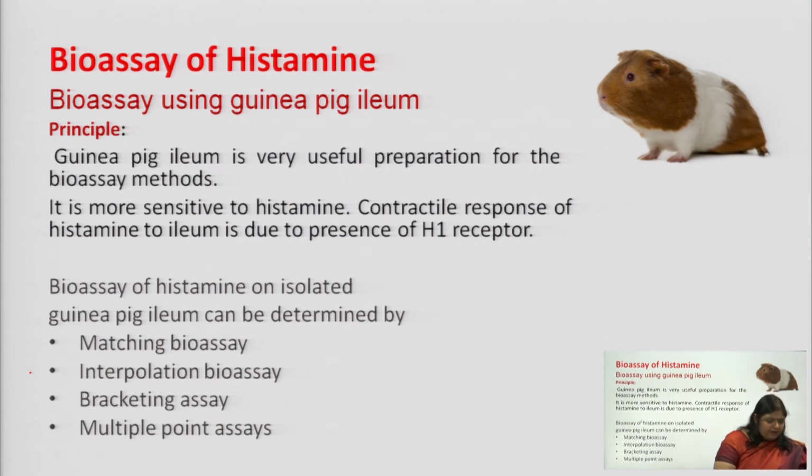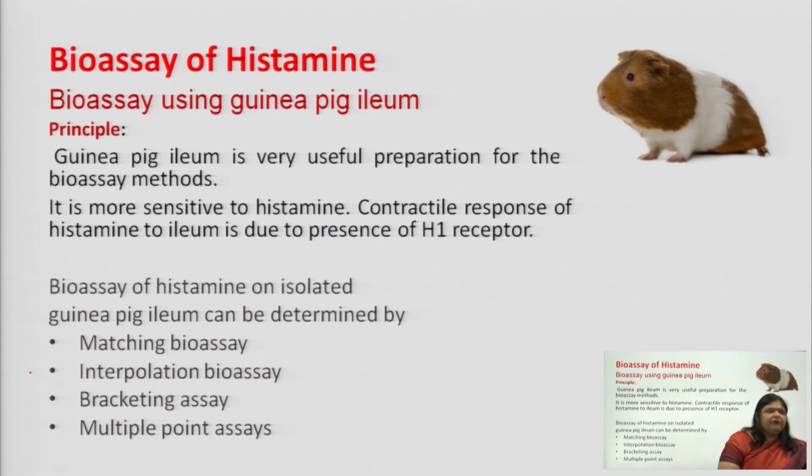So this is a very sensitive animal, and we are using guinea pig here. Guinea pig ileum is a very useful preparation for this bioassay of histamine, very sensitive to histamine, and it produces the contractile response due to the presence of H1 receptors in the ileum.